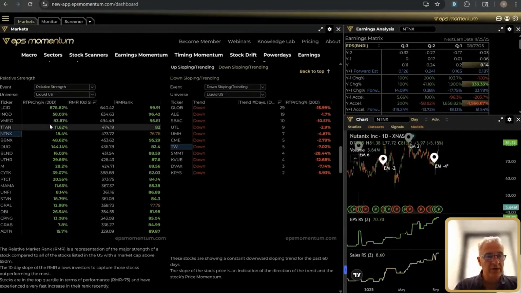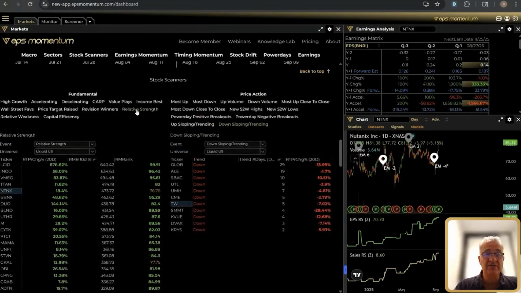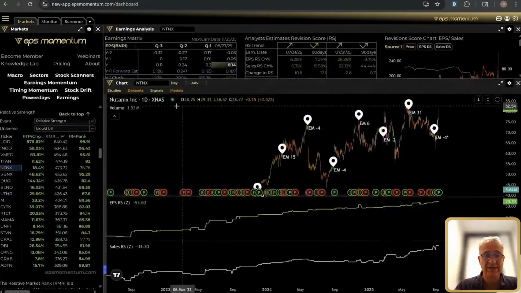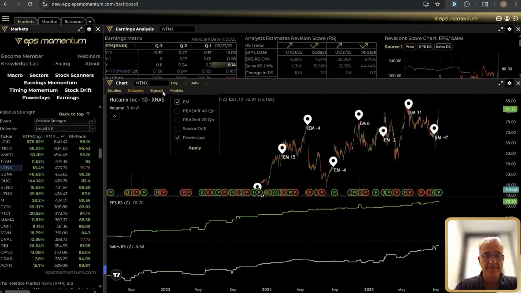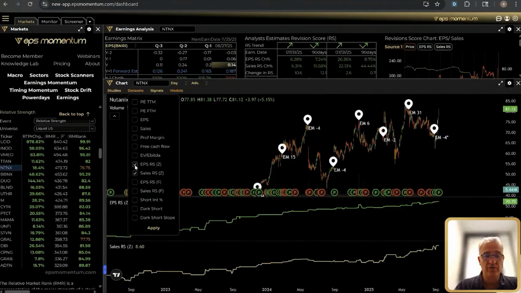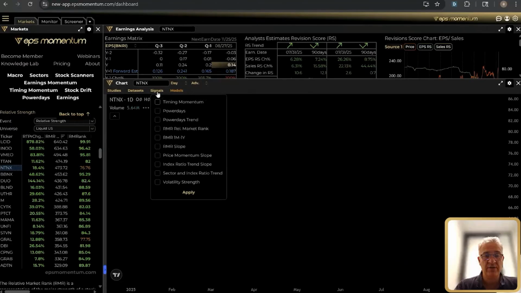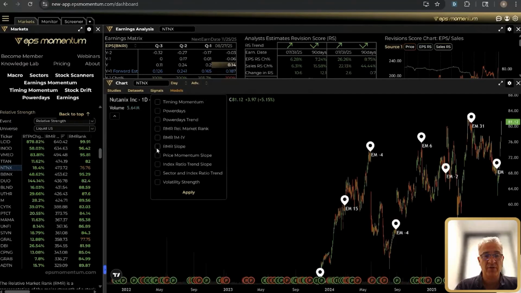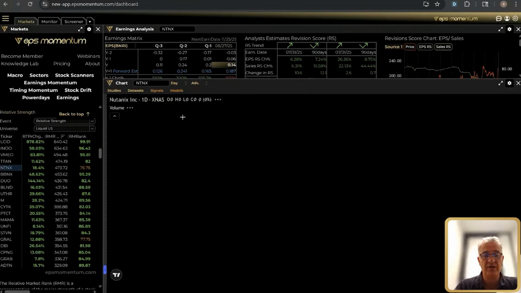Okay, so we did the relative strength explanation, but what is it? On the chart, I just want to paint it very quickly. We will remove these 2 and pick the RMR slope, relative market rank.